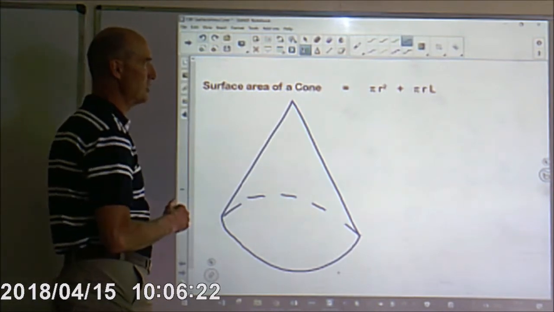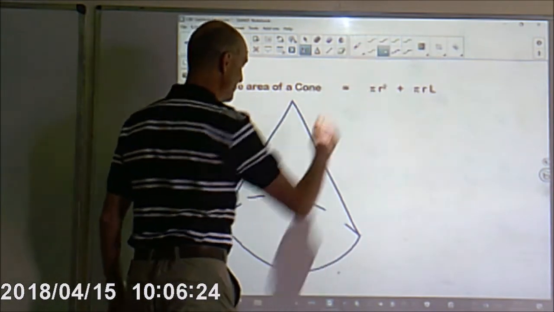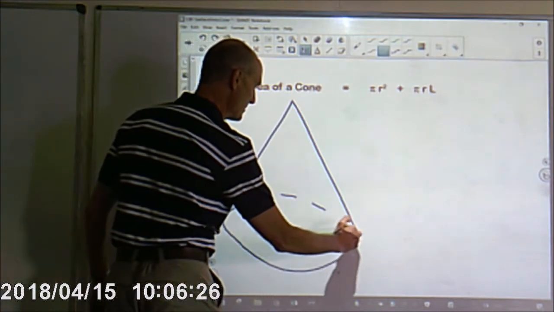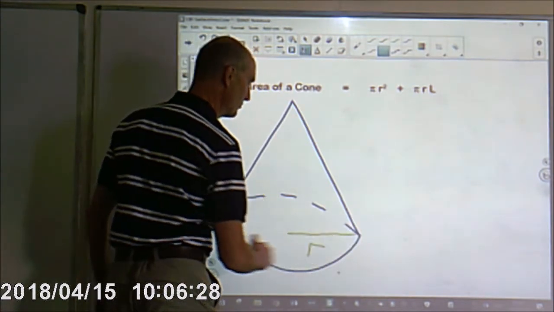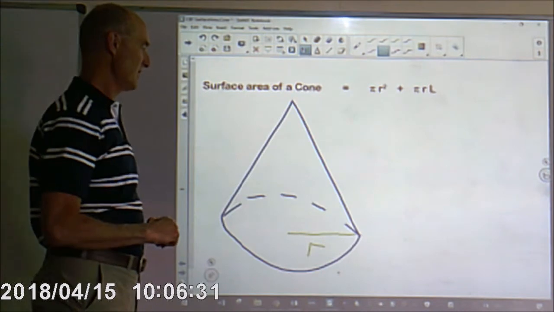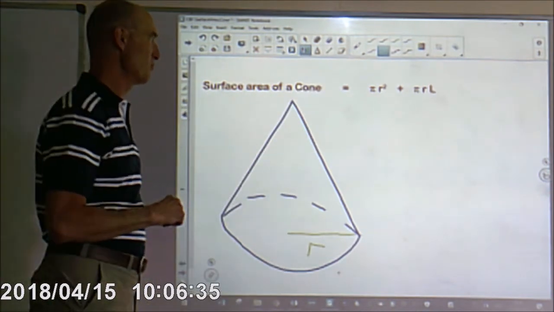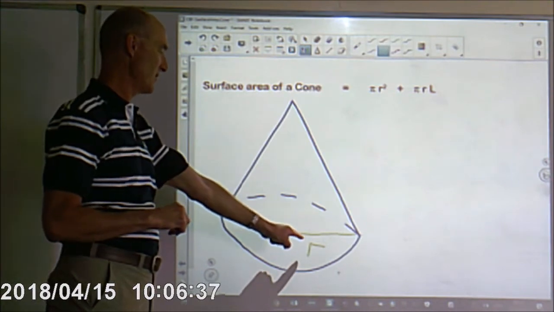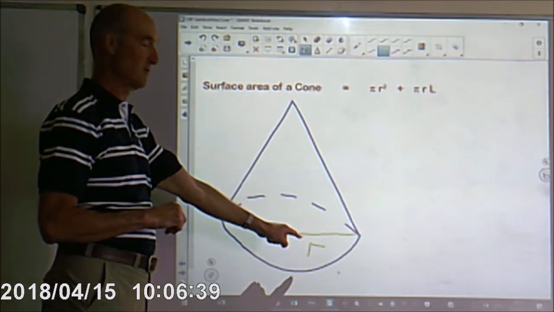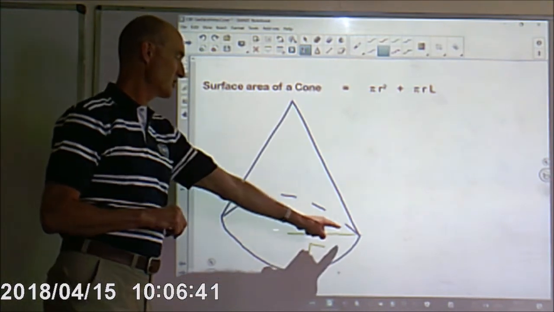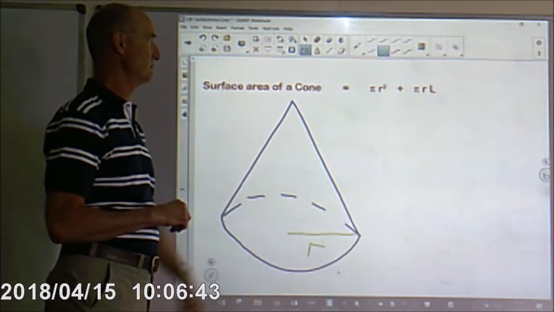R, it's a radius. You should be used to that term. So that is your radius. For the base, that circular base, that is that R term in that formula. So it's very important that you understand what that R represents. It represents the radius of that circular base to the cone.